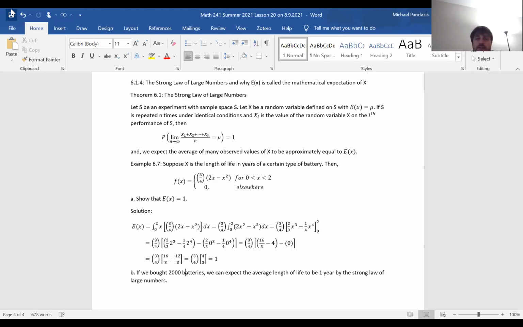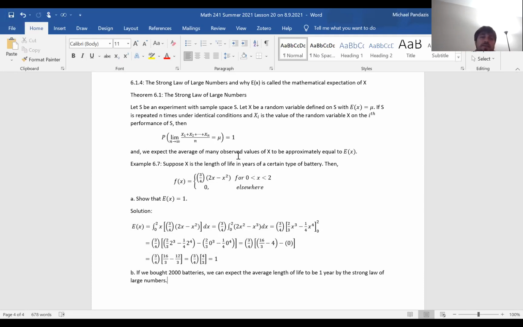So then, since 2,000 is a large enough n, we should expect that the average life of those 2,000 batteries is going to be the expected value, which is 1. So the average we're going to assume is 1. The average life of those batteries is 1 year.